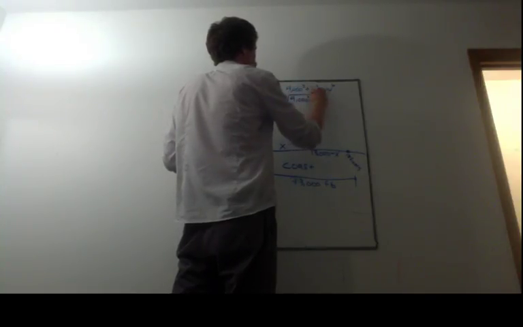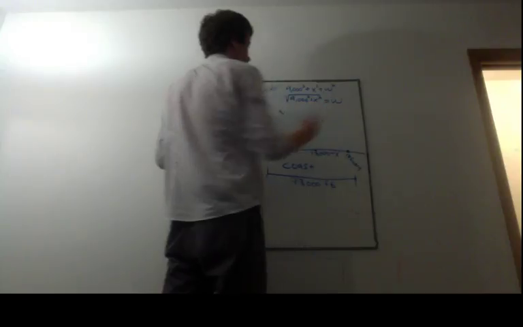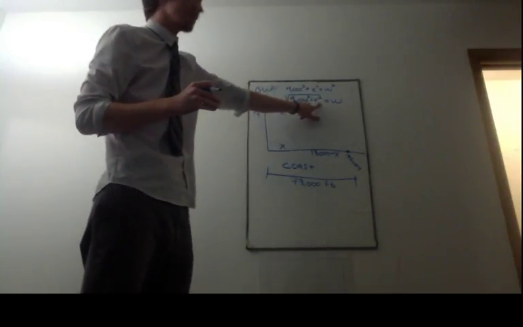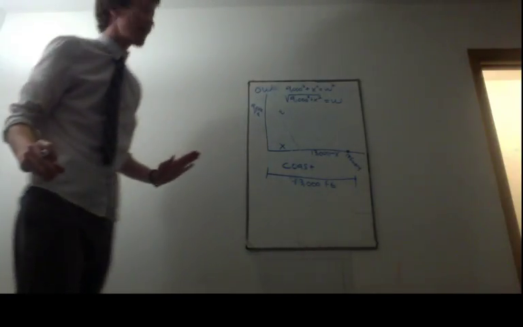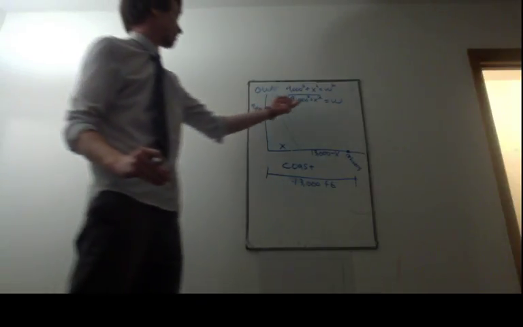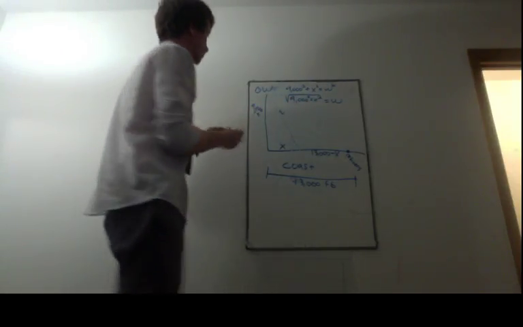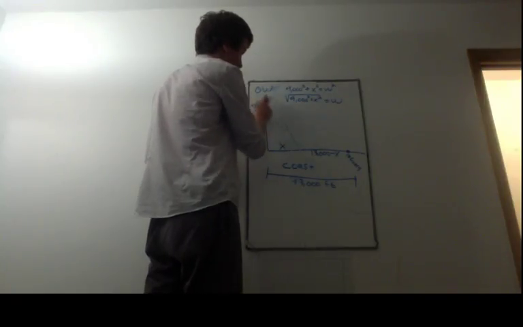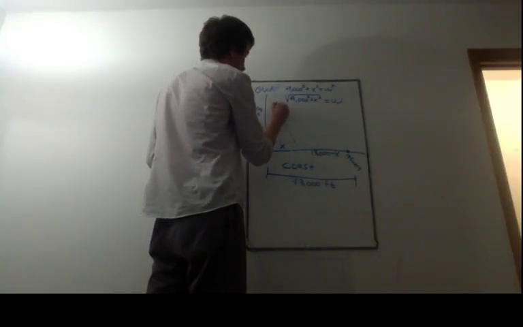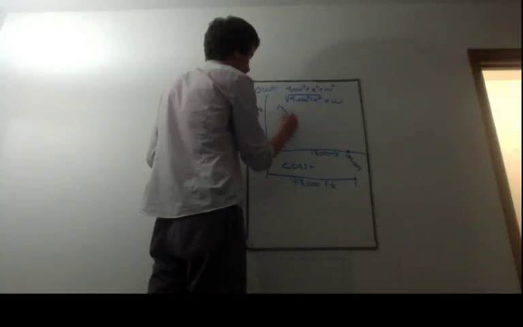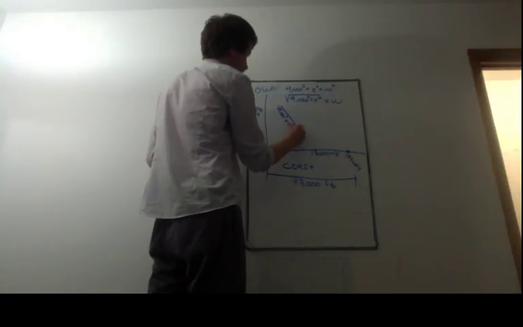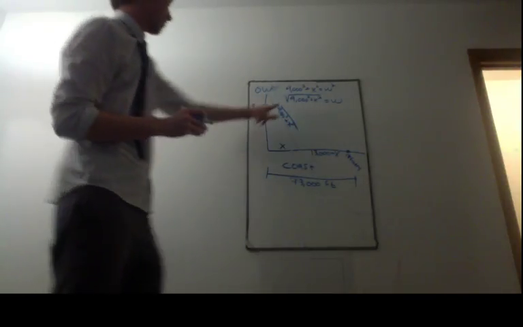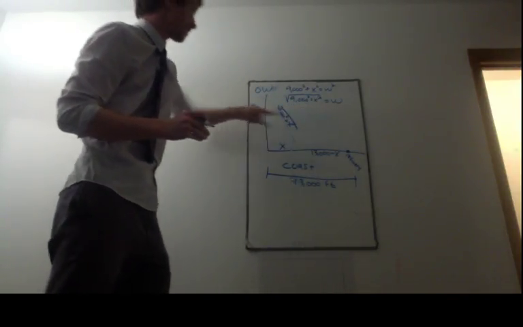That's as simplified as that's going to be. So we're just going to plug that in for W right here. The distance the pipe is in the water is the square root of 9,000 squared plus x squared.